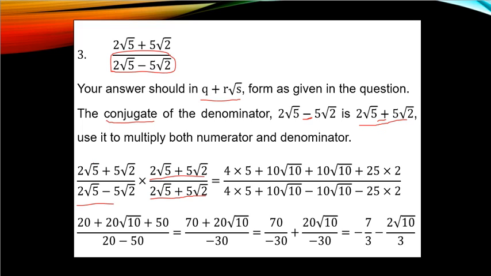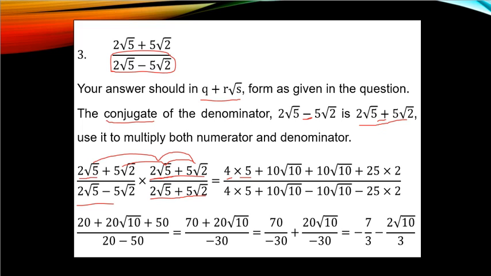You know the rule: first term times first term, times second term. When you are done, second term times first term, times second term. So you take 2 root 5 times 2 root 5, where you have 2 times 2 is 4. Root 5 times root 5 is root 25, and that is 5.